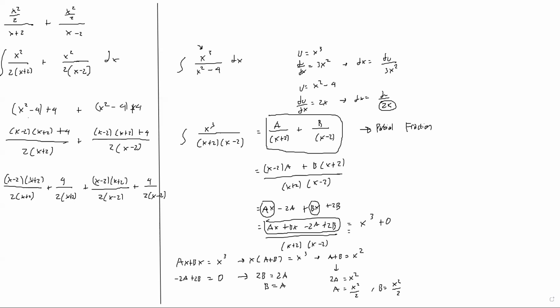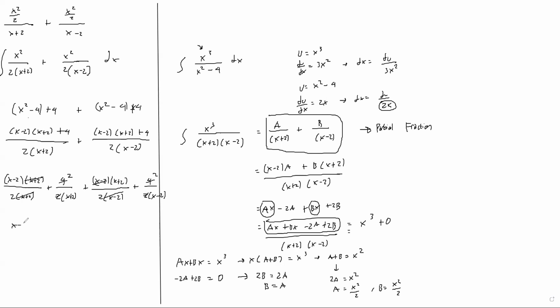Now we simplify this one right here. So we can cross out the x plus 2 right there, and we can cross the 4 with 2 here, so this becomes 2. And we can cross out the x minus 2 right here, and we can also cross the 4 and 2 right here, so we get 2. Now we write down the simplified version.